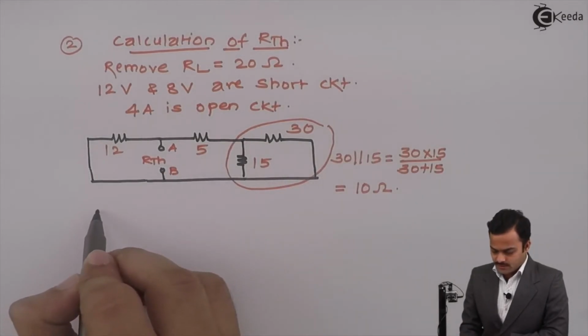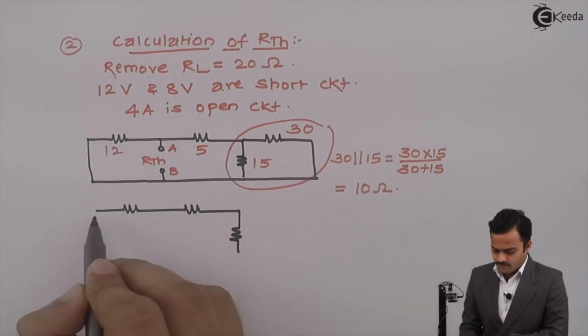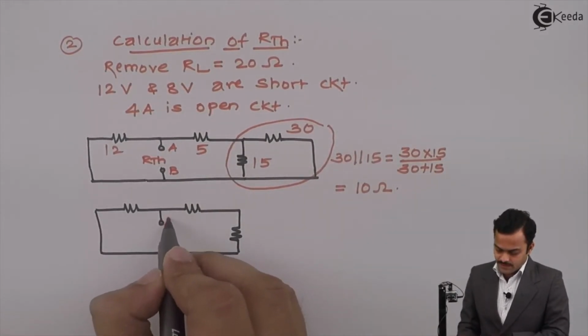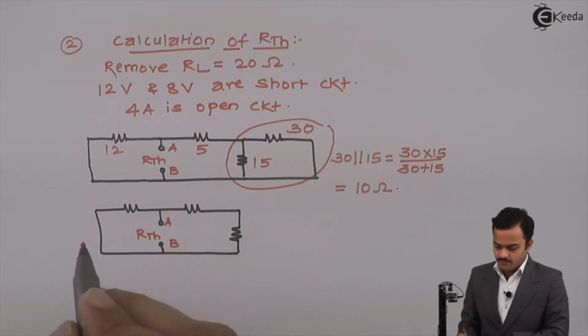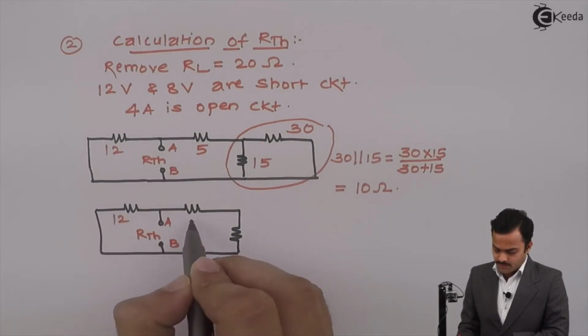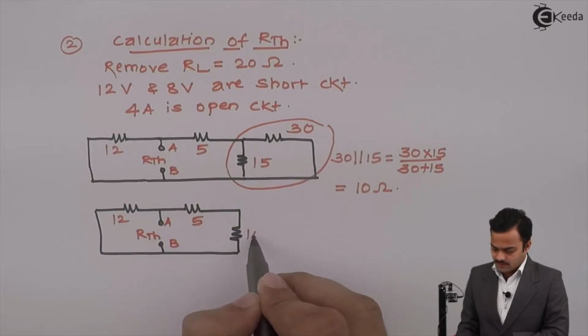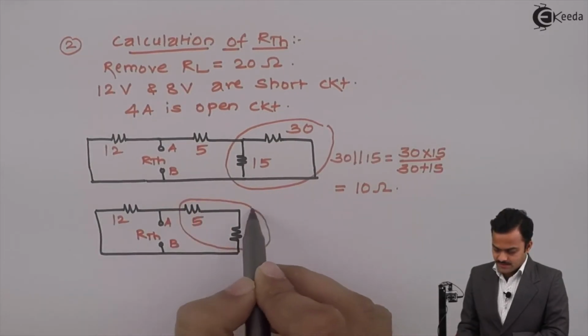If I redraw the circuit, you will understand. So these are the terminals A and B across which RTH needs to be found. 12 ohm, this is 5, parallel combination of 15 and 30 is 10. So 5 and 10 will come in series.